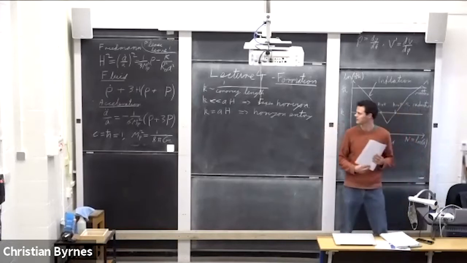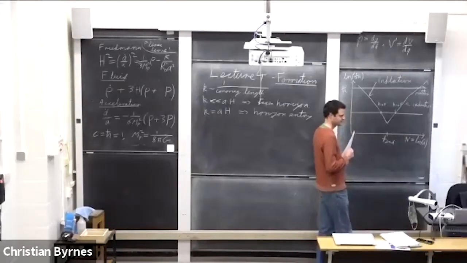Sorry, can I ask a question? Actually, that plot is a little bit unclear for me. For example, the top horizontal line, that's the present horizon, right? Yes. But the x-axis can represent the time, right?